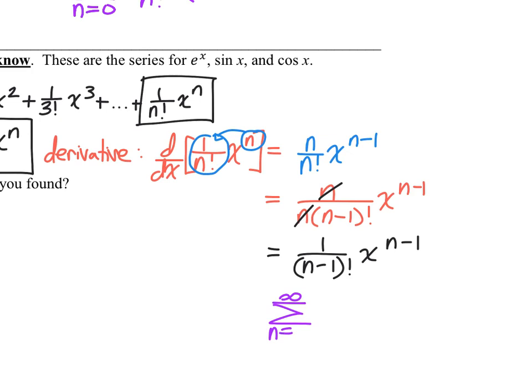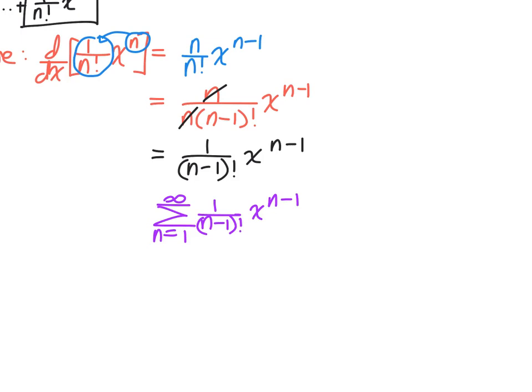Instead of starting off at 0, I'll start off at 1. So I have this new expression. Now if I start the series expansion of this, plug in a 1, I'm going to get 1 over 0 factorial x to the 0th power, so it's going to be a 1.